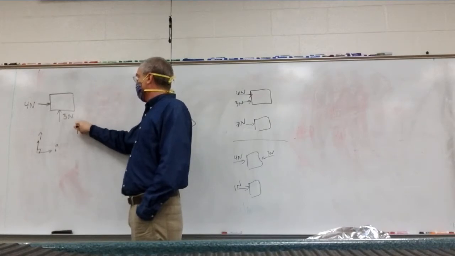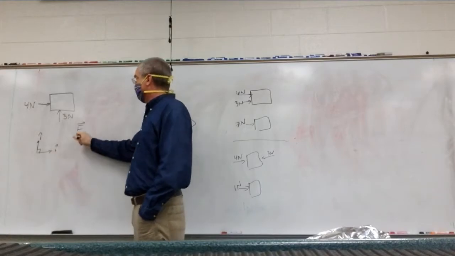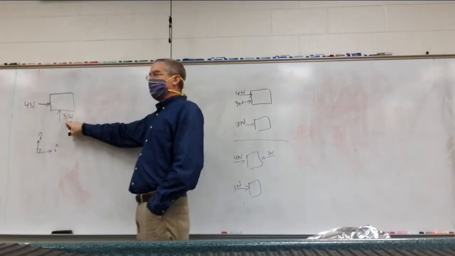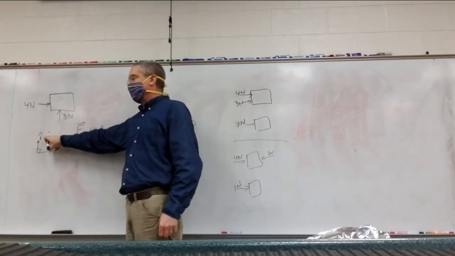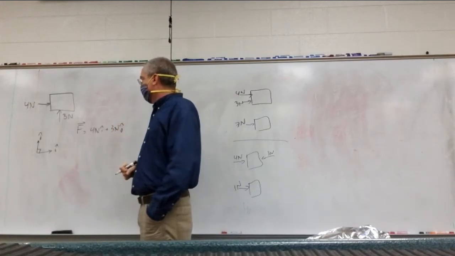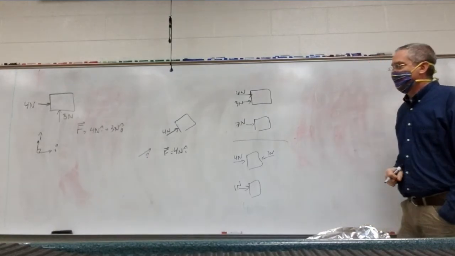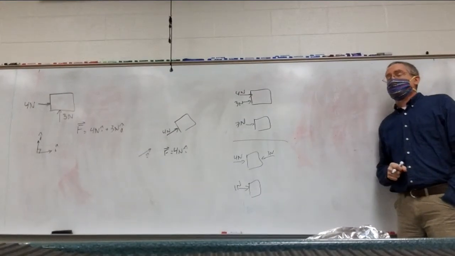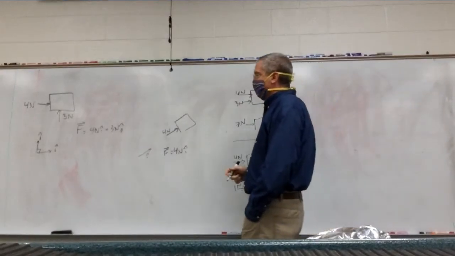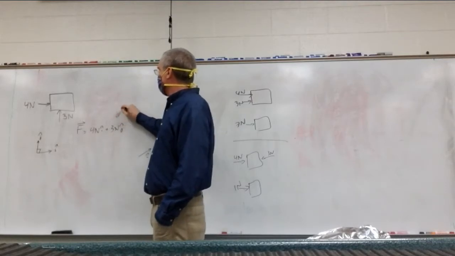So my total force is, well, that force right there is 4 newtons to the right, or I-hat. This one is 3 newtons up, and up I said was J-hat. And we're done. That's it. It is not 7 newtons. Where I've broken this down into an I-hat and J-hat like this, this is known as rectangular form.